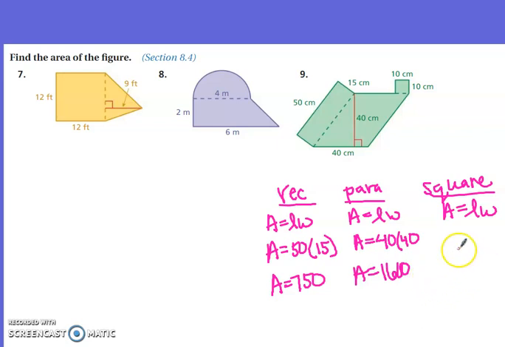And then for the square, we've got 10 times 10, which is 100. And now we're going to add up all those parts. So 1600 plus 100 is 1700, plus 750 is 2,450 square centimeters.